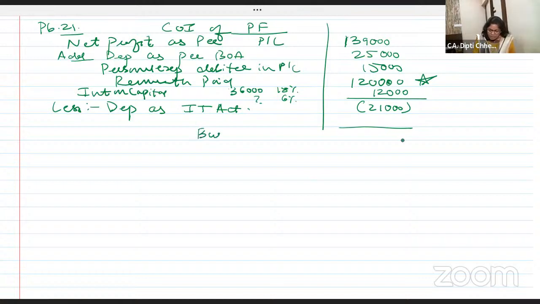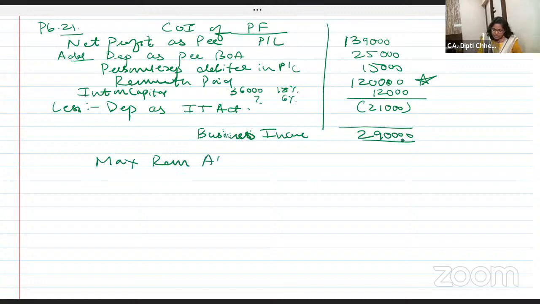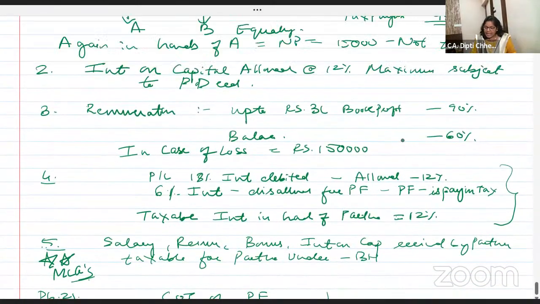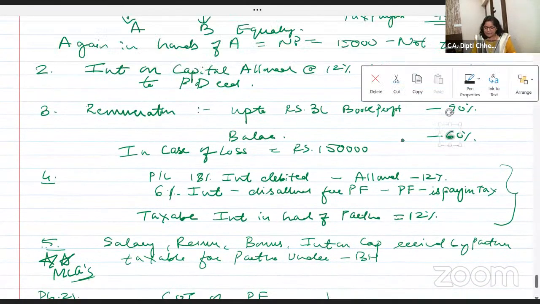So what is your business income or correct net profit? 2,90,000. Now, maximum remuneration allowed: 2,90,000 ka 90%. Look at the screen. Up to 3 lakhs 90%.